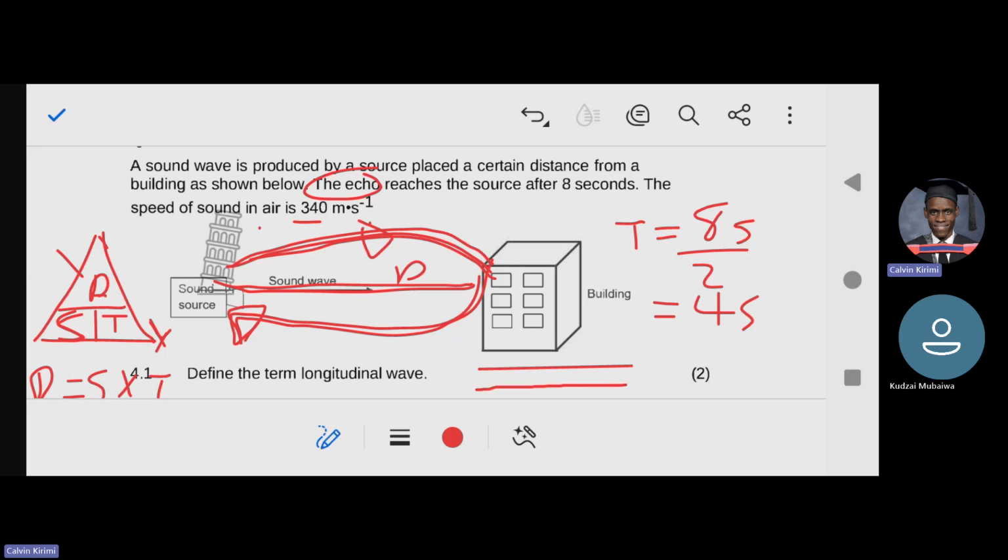So that period takes 8 seconds. But as we are only interested in just the distance between these two, I'm not interested in the return. So I only use the time taken just to go to the building so that I can calculate the distance. The speed of sound is still the same. The speed of the sound returning and the speed of the sound when it's going is the same. So watch out for these tricks. Okay.